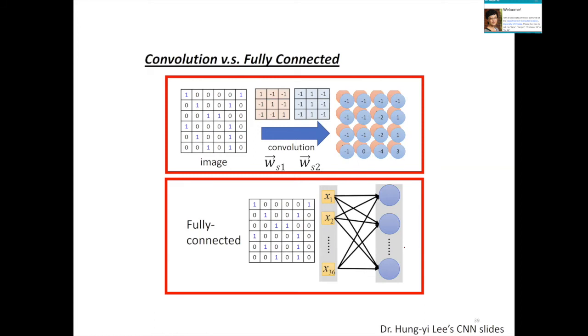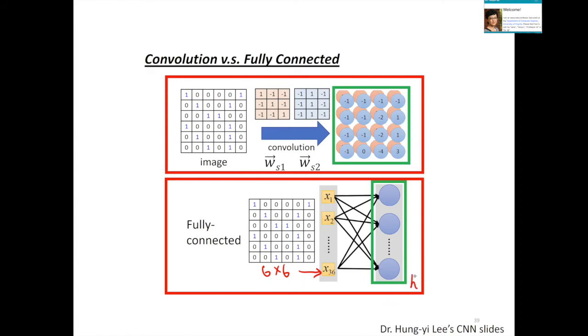So this is the lower half panel trying to represent this. Because this image is a 6 times 6 image, it generates a vector of size 36. And then you convert it into a dimension, for example, h, with p equal to 36.